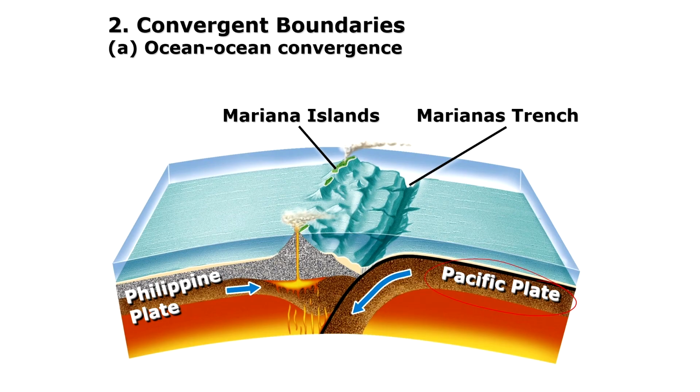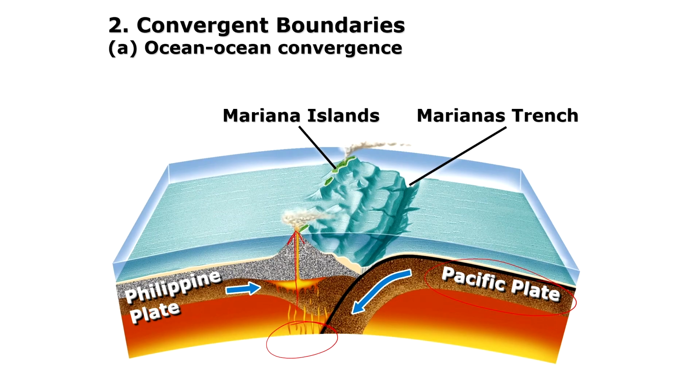Okay. So, this is an example again between the Philippine plate and the Pacific plate, and wherever there is subduction, the plate going below into the mantle will result in melting of rocks and result in volcanic eruptions. Okay. So, there you will see a sort of volcanic arc in that region.